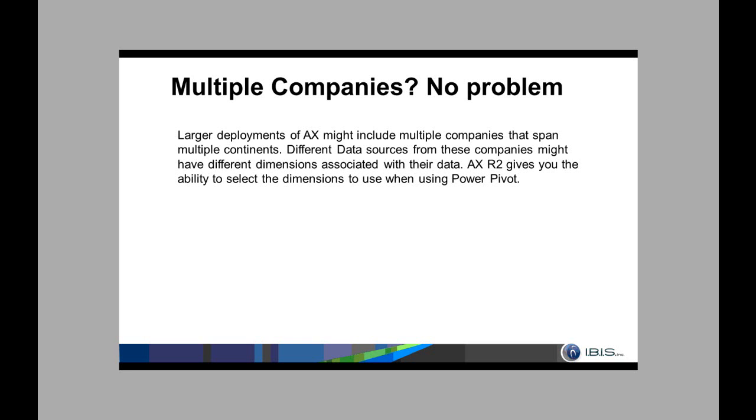Well, not to get too technical, but R2 can solve that problem. It gives you the ability to, when you're building these BI reports and you're looking at them, select the individual dimensions you want to employ with those reports. So, heads up there, just answering your question before you ask it.